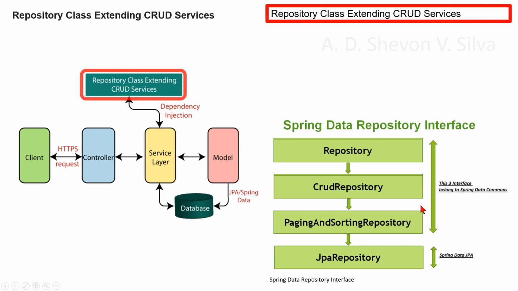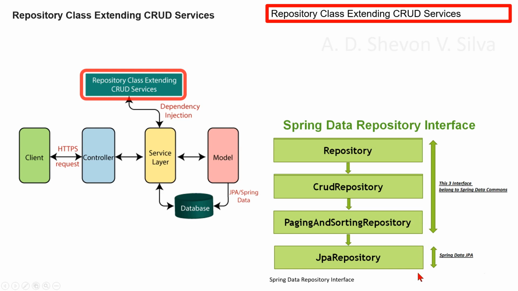Here CRUD repository contains methods for CRUD operations, for example save method, save all method, find by ID method, find all method, etc. JPA repository contains the full API of CRUD repository and paging and sorting repository.